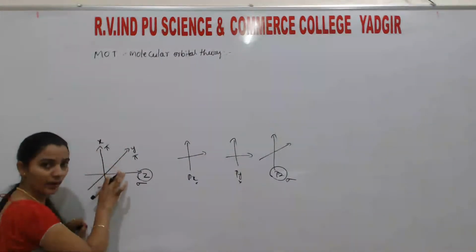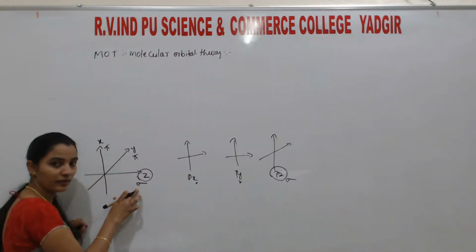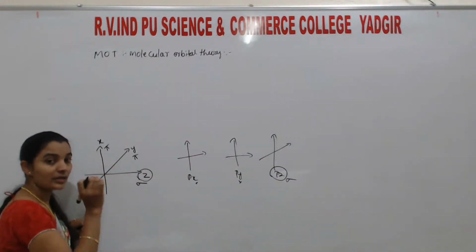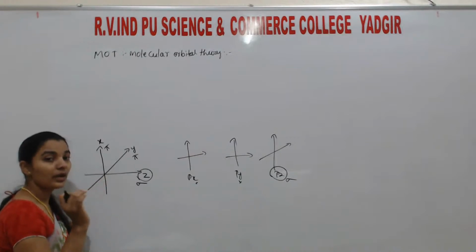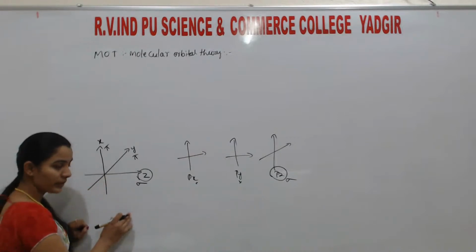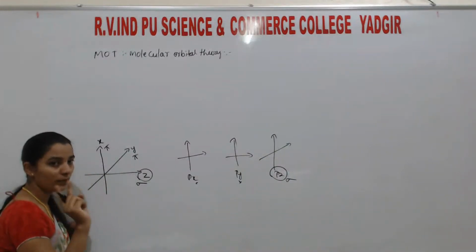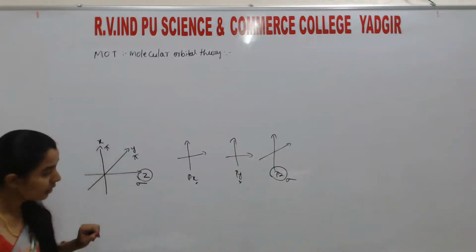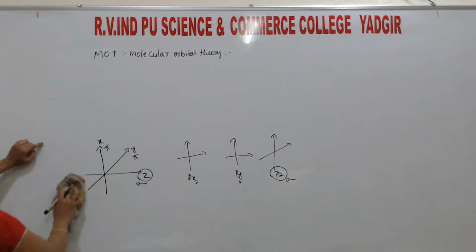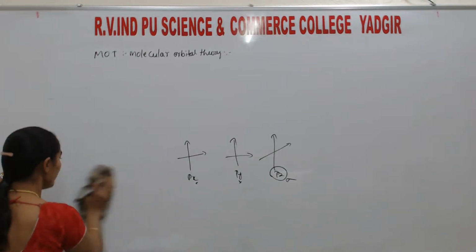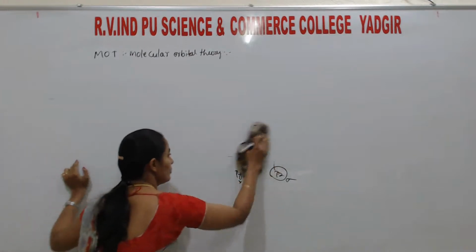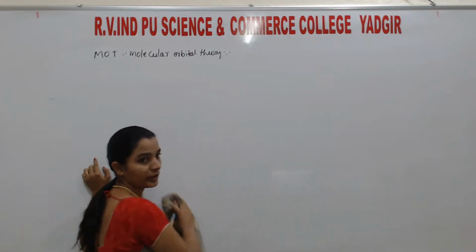X and Y form pi bonds, Z will form sigma bonds because Z is taken as the main axis. In a p orbital, there are possibilities of three bonds: one sigma, two pi. So why am I telling this? Because in molecular orbitals, we are considering px and py orbitals individually.